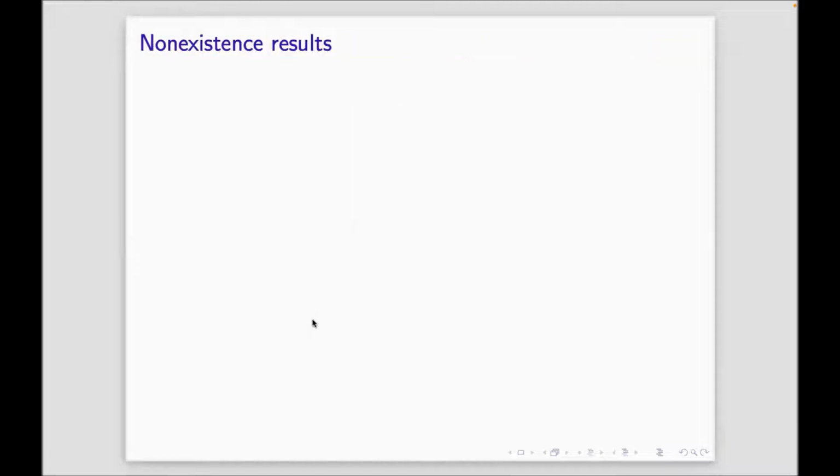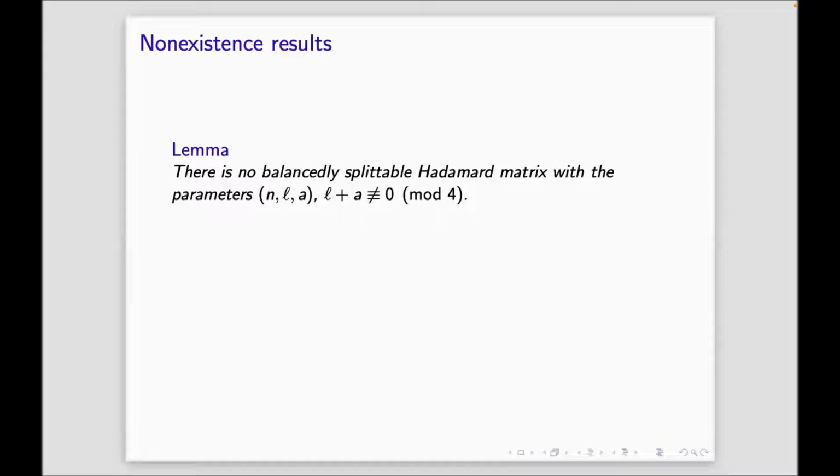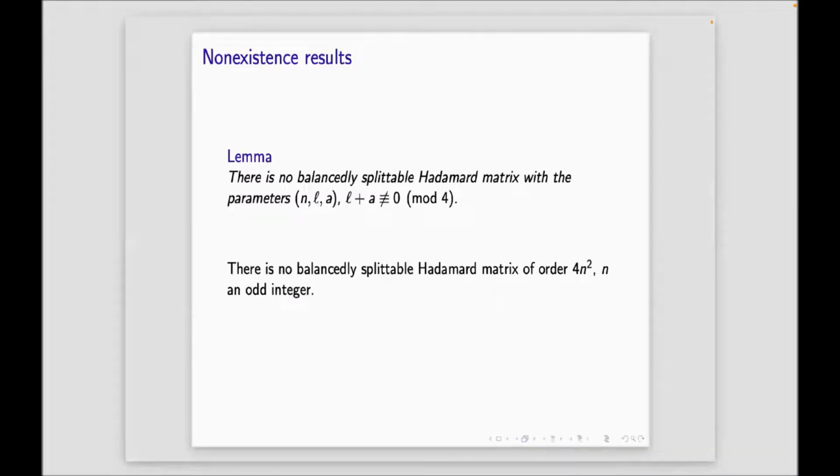Okay, so there are Hadamard matrices which are not balancedly splittable. Let's see what we can say about this. There is no balancedly splittable Hadamard matrix with the parameters N, L, A if L plus A is not 0 mod 4. This is a counting argument, a little tricky, but it immediately implies that there is no balancedly splittable Hadamard matrix of order 4n squared with n an odd integer.